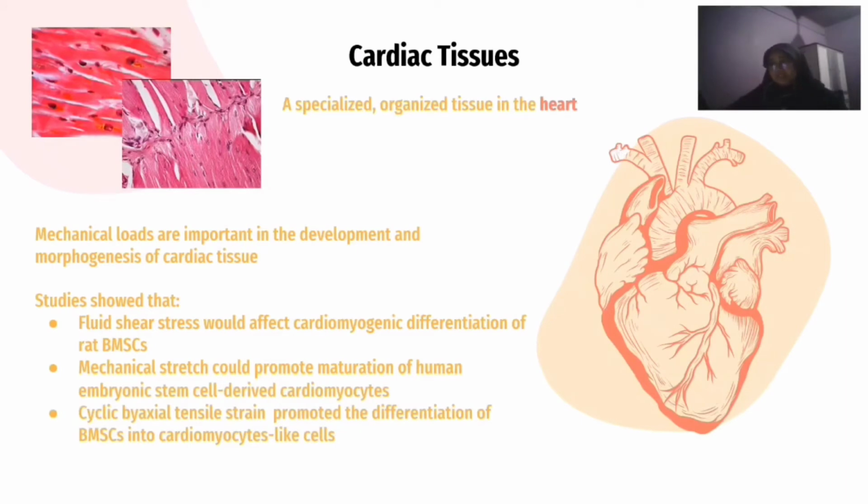Cardiac tissue is an organized and specialized tissue present in the heart. In the development and morphogenesis of cardiac tissue, mechanical loads play an important role because they produce engineered cardiac tissue with high maturity in terms of twitch force, elastic modulus, sarcomere length, and molecular signature.